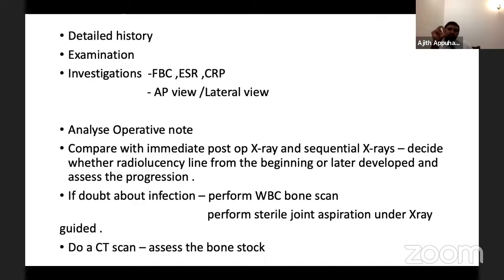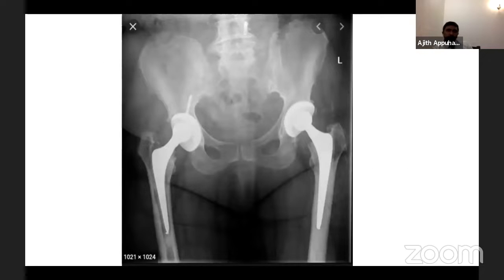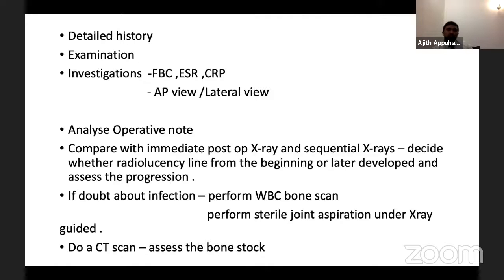To exclude infection, you do blood investigations. You start by telling them you will do a full blood count, ESR, CRP. And this is the AP view, so you can ask for additional views, a lateral view, to see how extensive the loosening is, anterior and posterior, and any loosening zones.